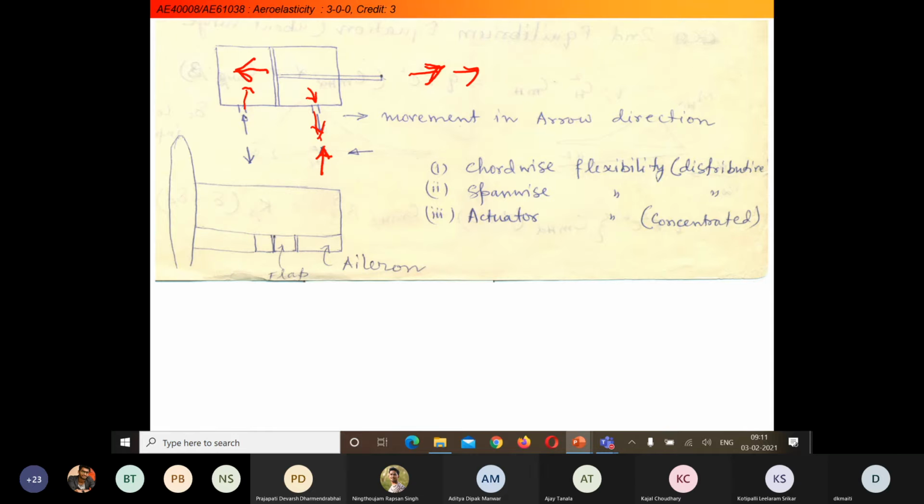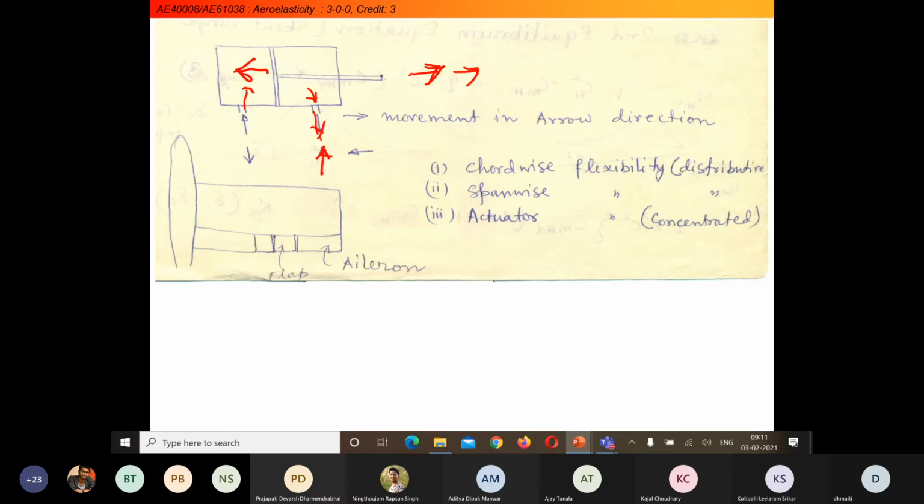That way we can have motion of the control surface upward or downward. That's what we call the actuator action. Depending on the pilot demand, the hydraulic flow manipulation will be such that it can produce a downward deflection or upward deflection. That is typically how a hydraulic actuator works.